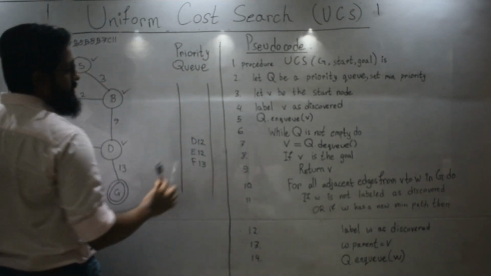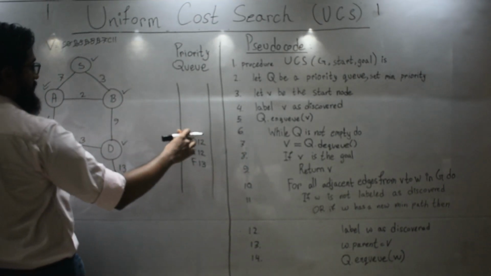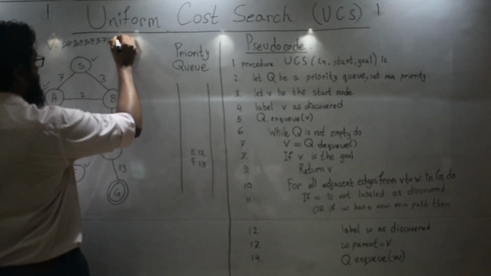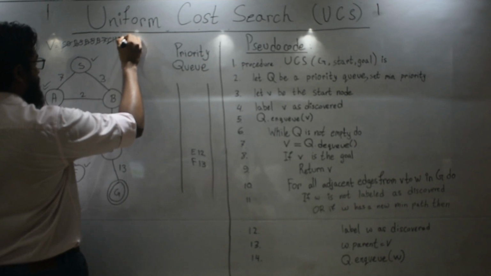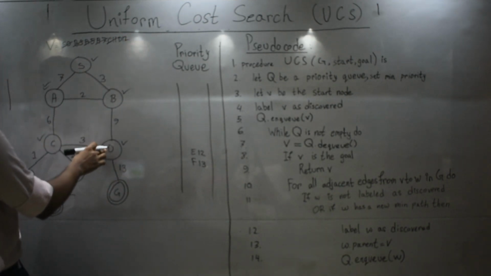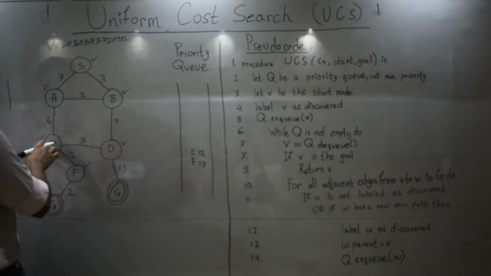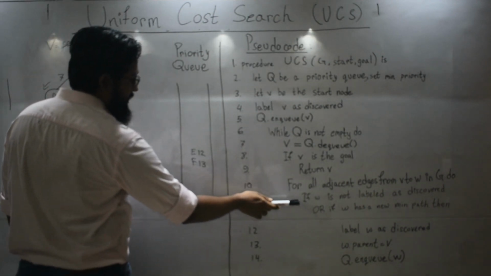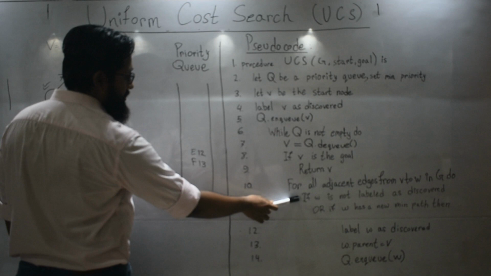Now again we will dequeue. So D12. D has a neighbor C. Again from 12 plus 3, you will have C15, which is not a new path, and neither has it been discovered before.